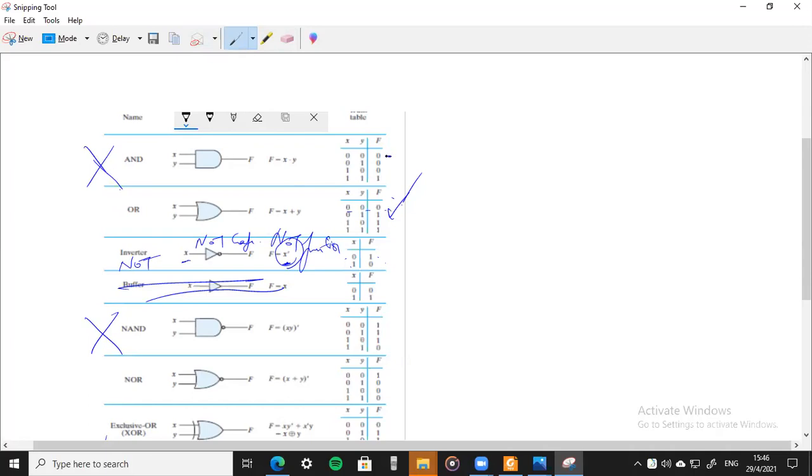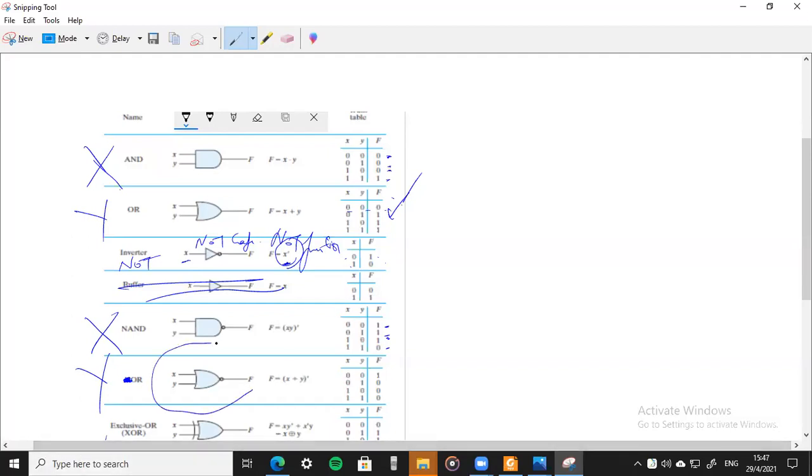If I have a 0 here, it means I have a 1 here. A 0, a 1 here. A 1, a 0 here. Then we have NOR, which is OR with a NOT. So this Y is the opposite of this Y.